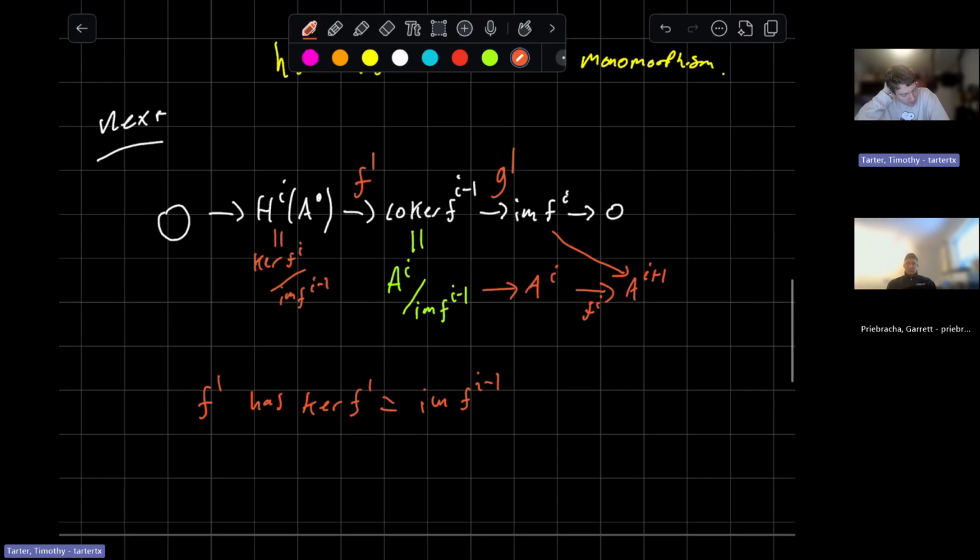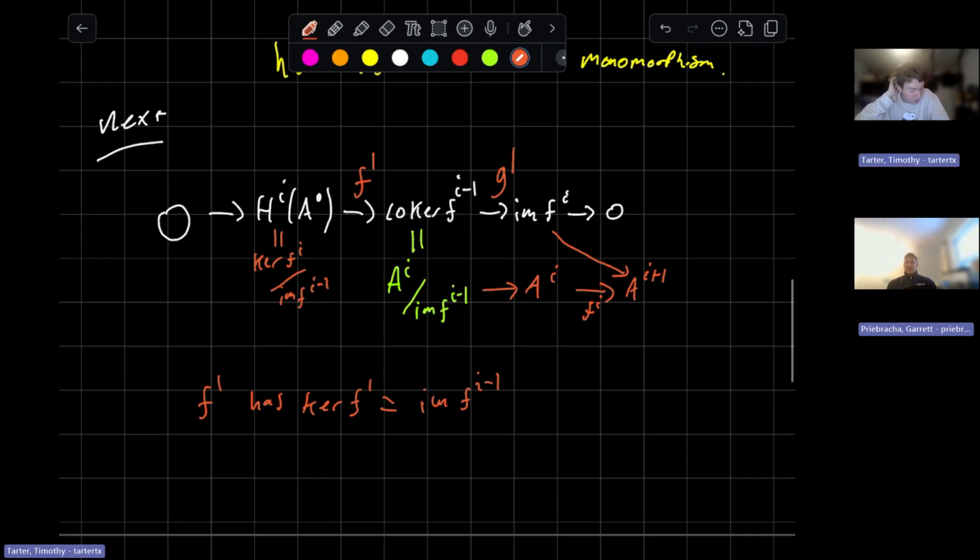So F prime is the map from the kernel of Fi into AI? I was just saying that the kernel of F prime is the image of Fi minus 1. So that homology group is the kernel of Fi mod the kernel of F prime.